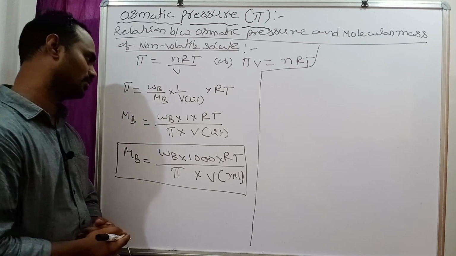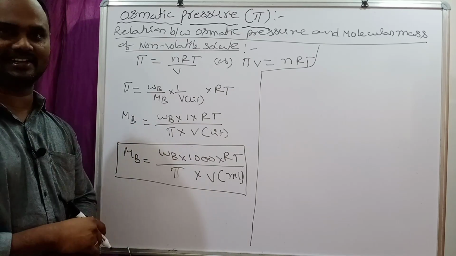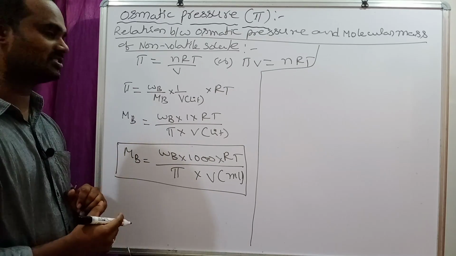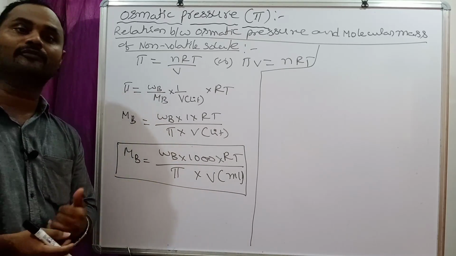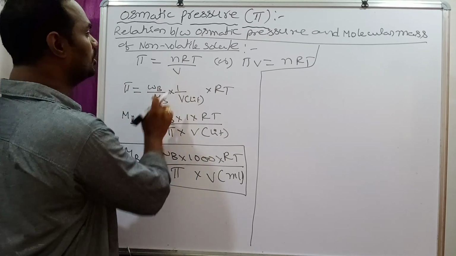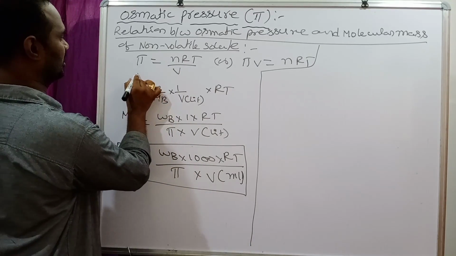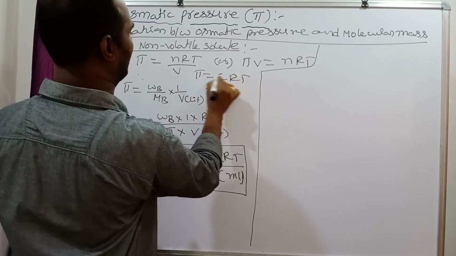Reason, you have to see, this method we are using under room temperature condition. First point. Second one, instead of molality, in this method we are using molarity. C is nothing but molarity here. Pi is equal to CRT.